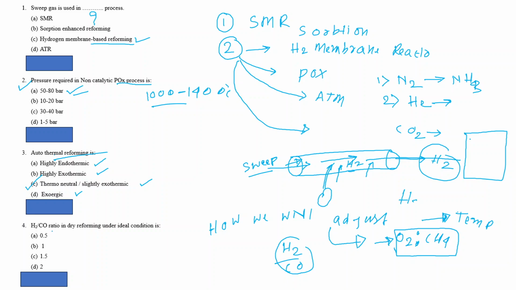Fourth question: hydrogen to carbon monoxide ratio in dry reforming under ideal conditions. Under ideal conditions, what is happening?